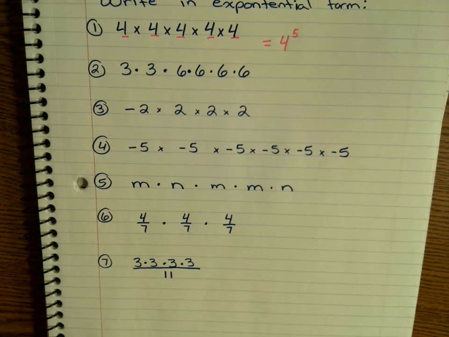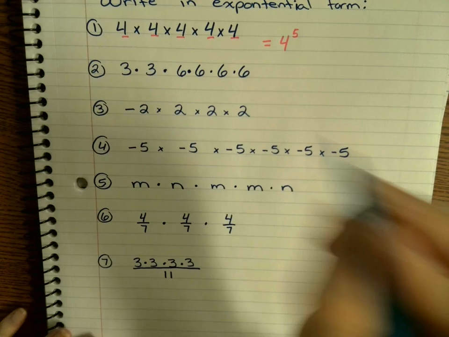What would problem number 2 look like? Anybody? Jair? Very good. 3 squared times 6 to the 4th power.